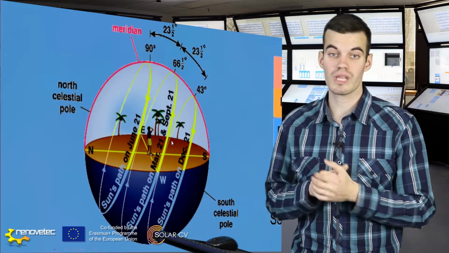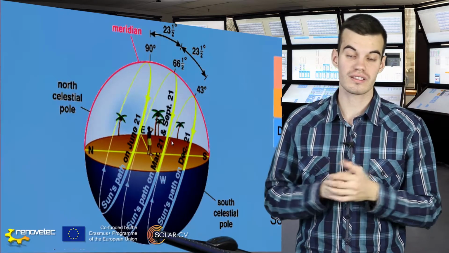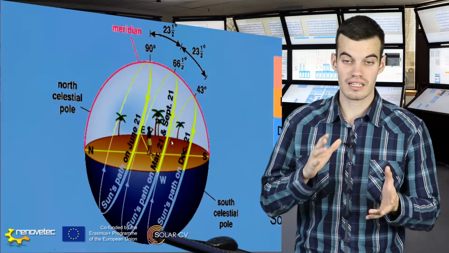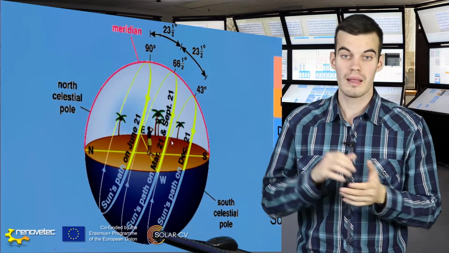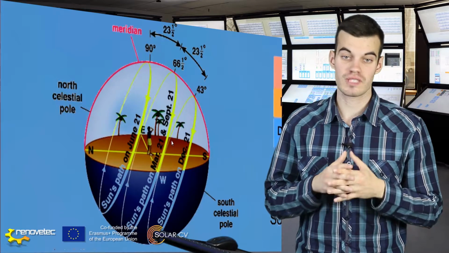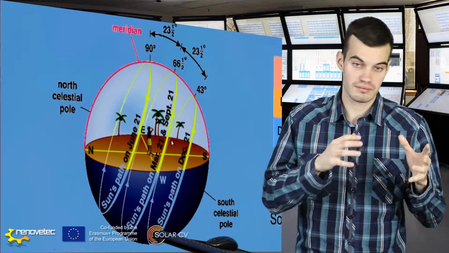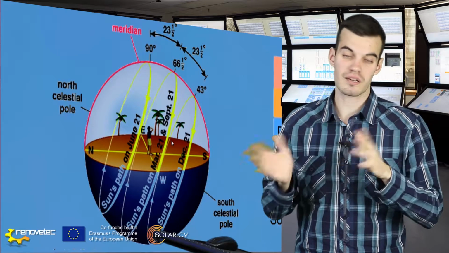And on the other hand we have the equinox. Today, for example, is the 21st of March, and the number of hours of day and night are more or less the same, and also on the 21st or 22nd of September, the number of hours of day and night are more or less the same.